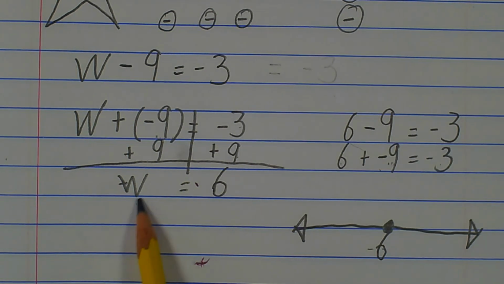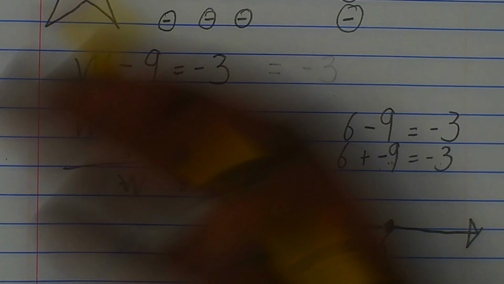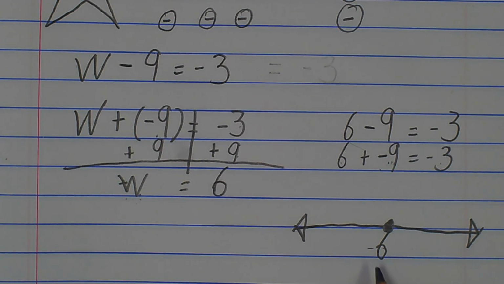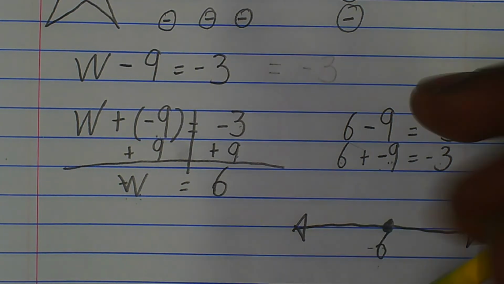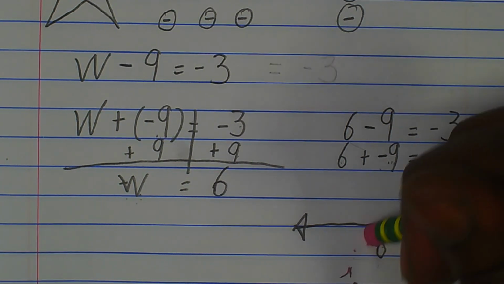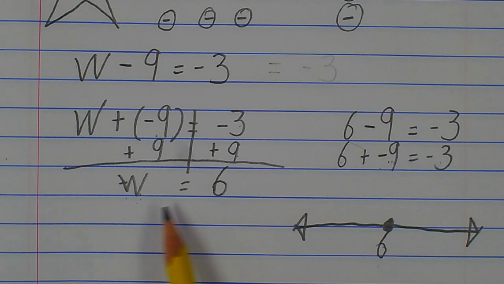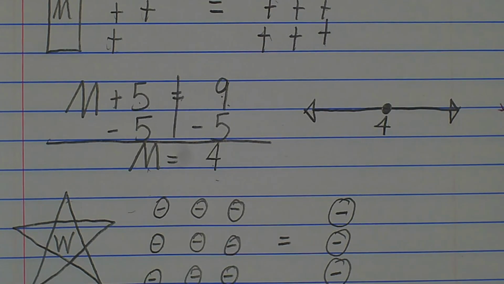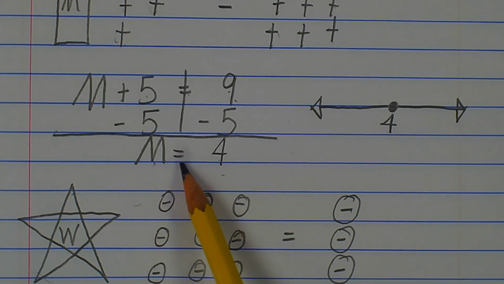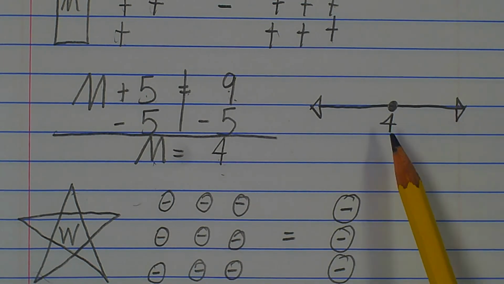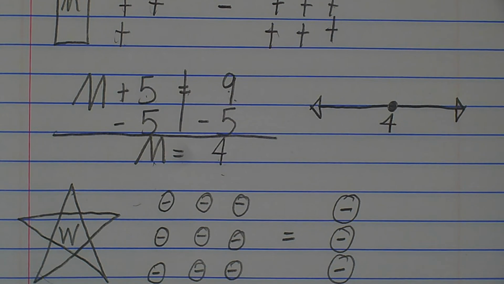Remember, whatever your variable is, when we're graphing it on a number line, that's what it is. That's not a negative. There we go. So W equals 6. So on a number line, it's just going to be 6. Similar to how it was here. m equals 4, so on a number line, it's going to equal 4.